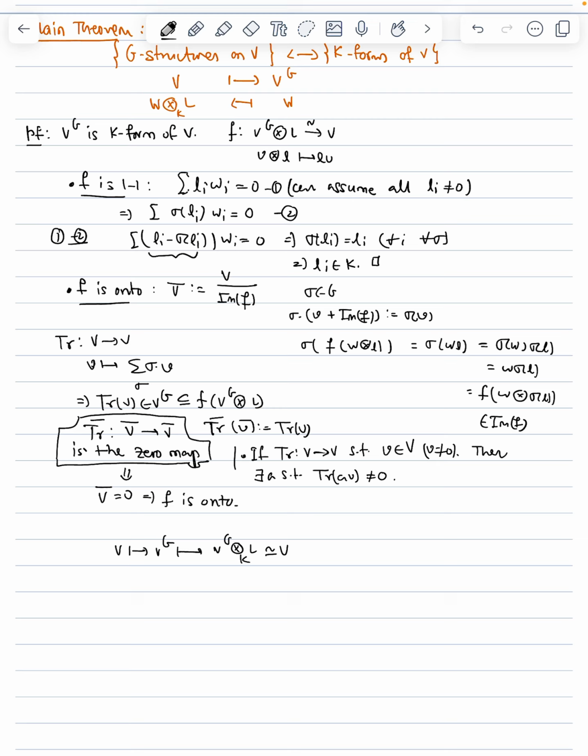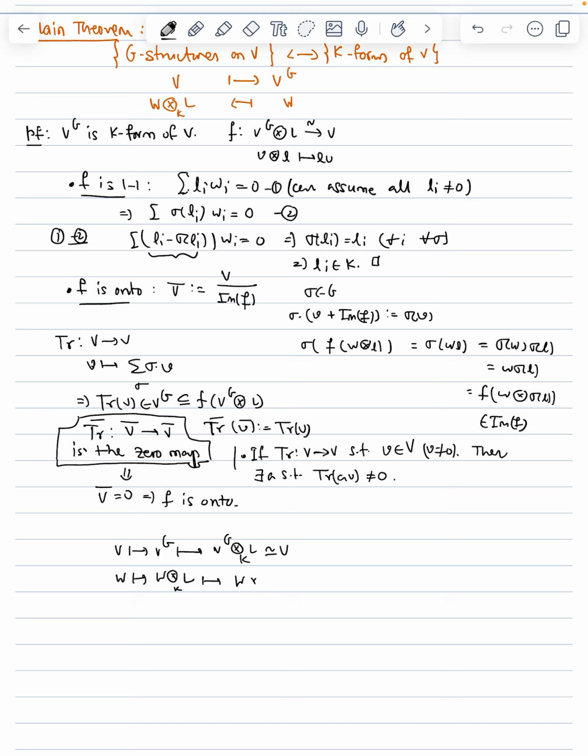Right? And on the other hand, we have a W, a K form. We first extend the scalar, where W tensor L has a G structure by the second component.